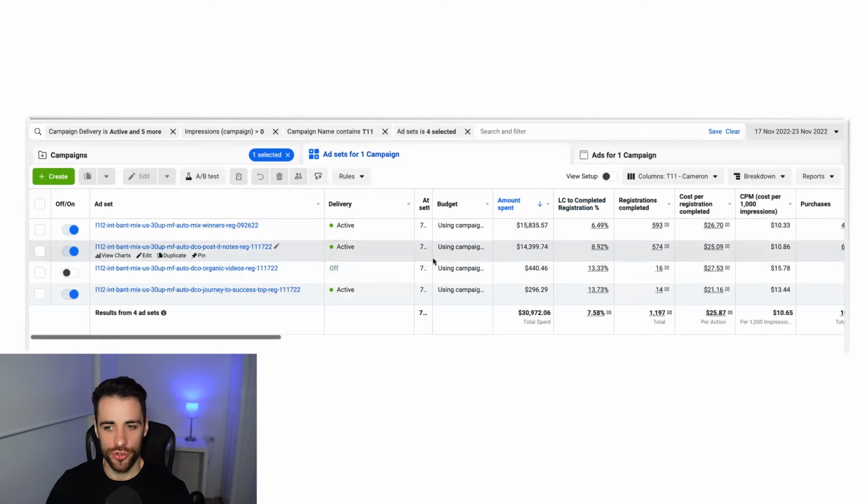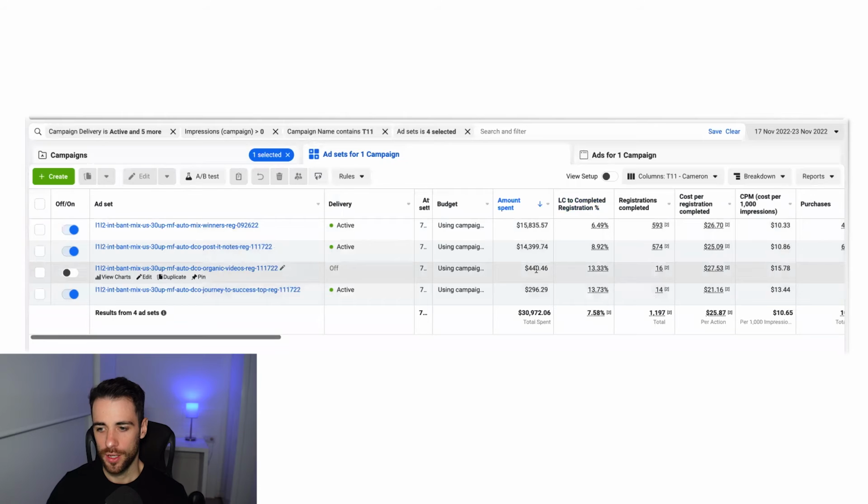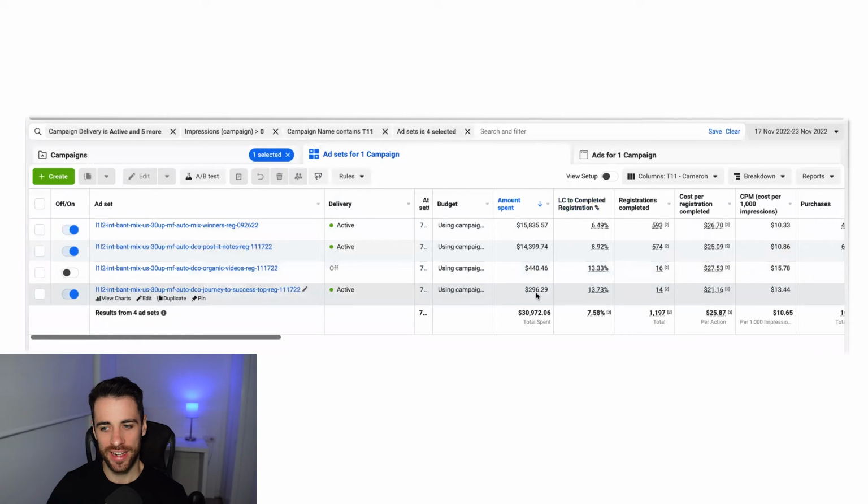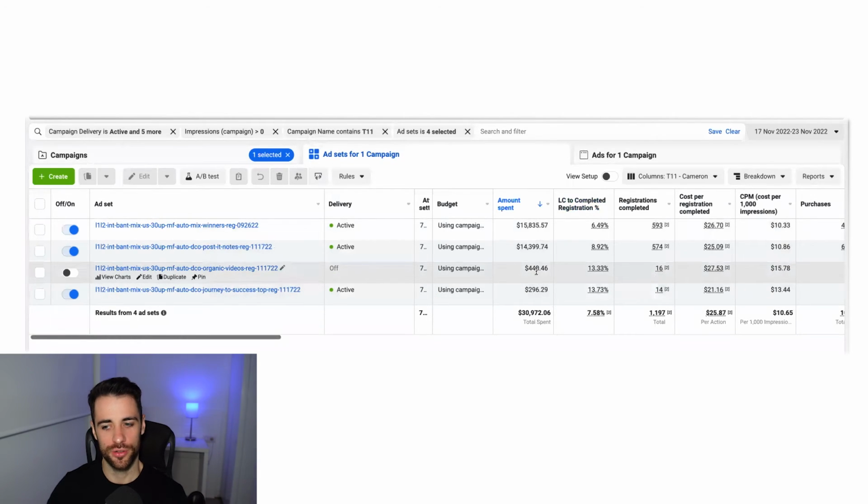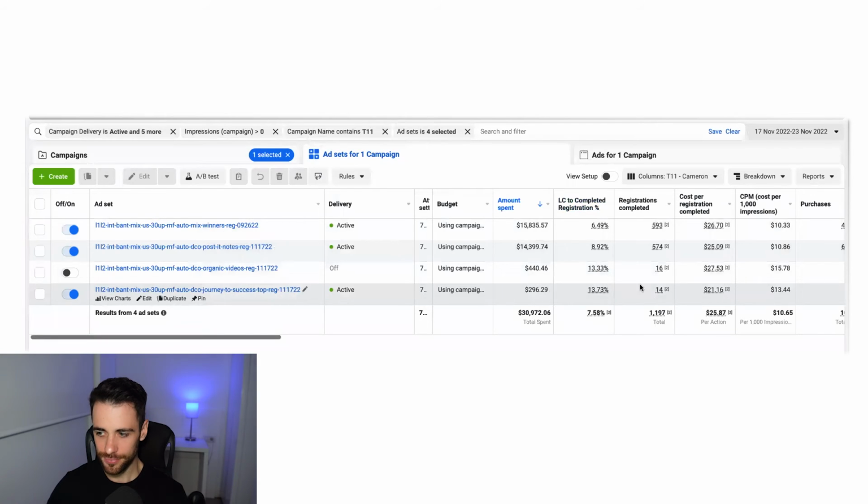Now, when I launch the tests, this is the week after, we can see something interesting happening. If you look at these bottom two, they have reasonable spend, but it's not very much compared to the total spend. One of them has a cost per lead, this is not ecom, this is lead gen, but it explains the principle, of $21, which is lower than the average and much lower than our KPI.